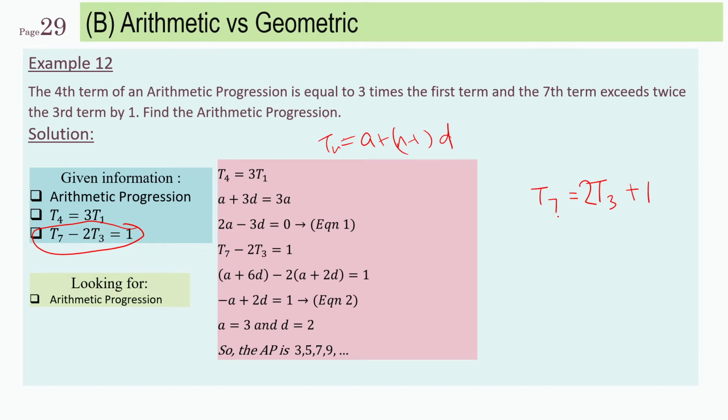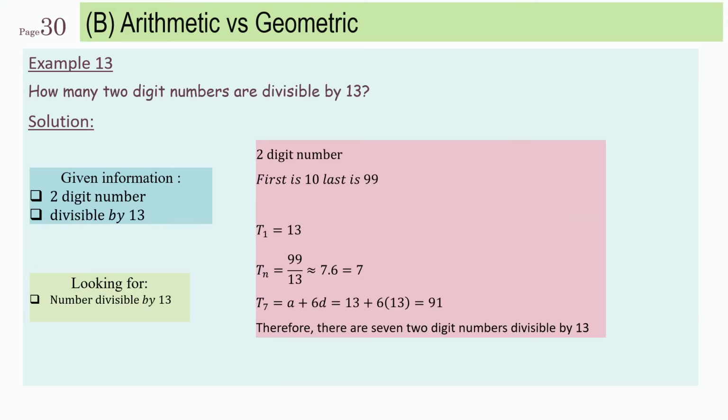Then example 13, how many 2 digit numbers are divisible by 13? So 2 digits means the first one is 10, the last one is 99. In between 10 and 99, how many of these numbers are divisible by 13?